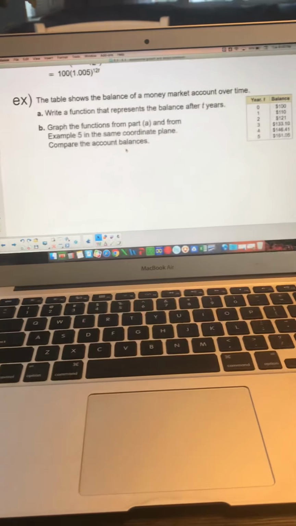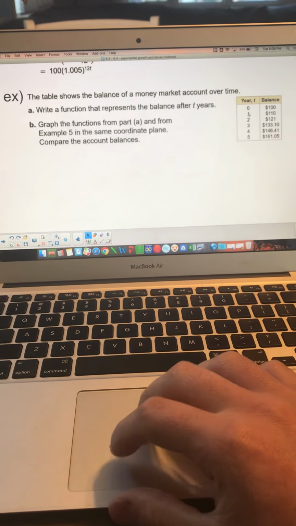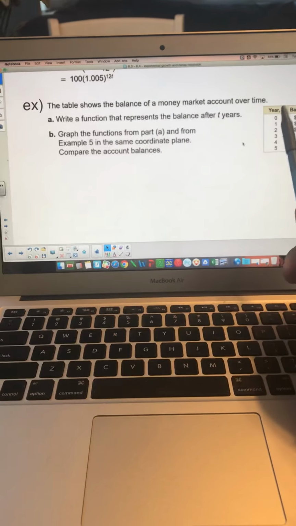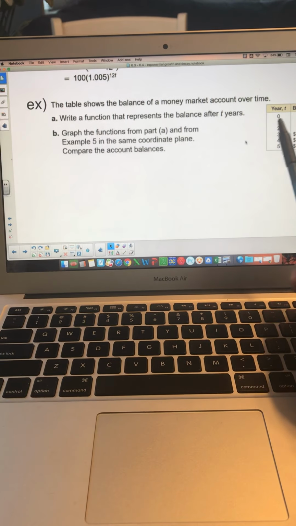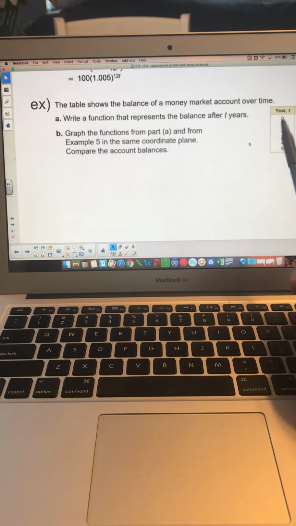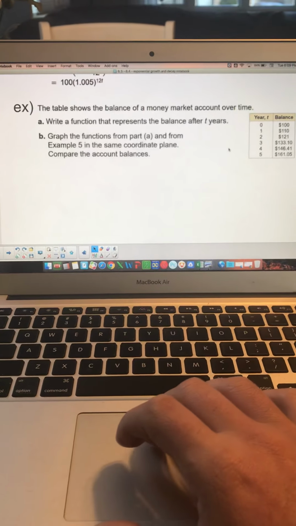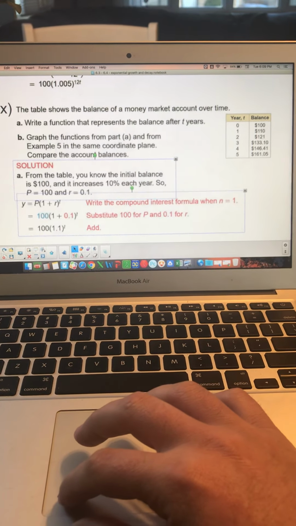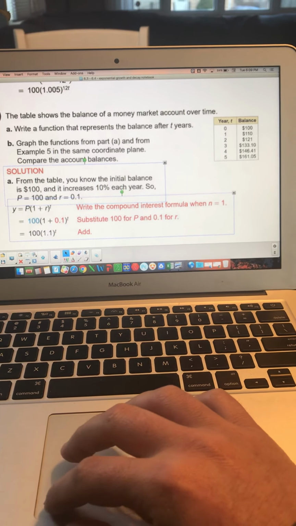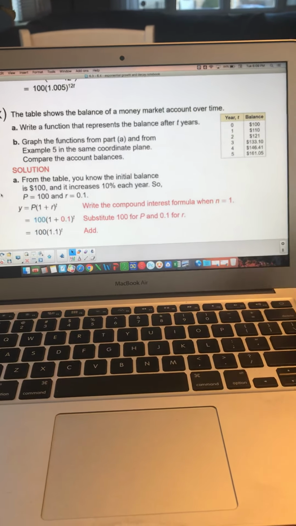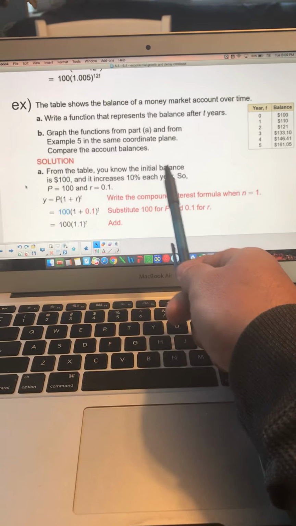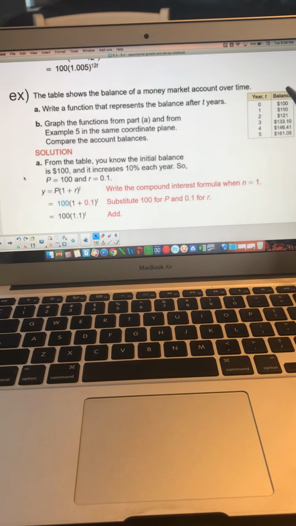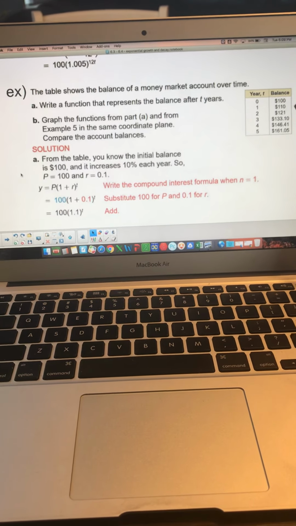Here, write a function that represents the balance after so many years. Based off of our chart. Oh, initial amount. We're writing a function. Our initial balance is 100. We know the pattern here.